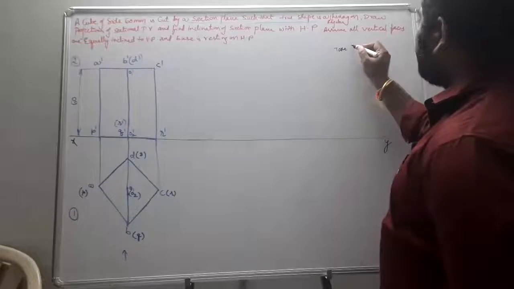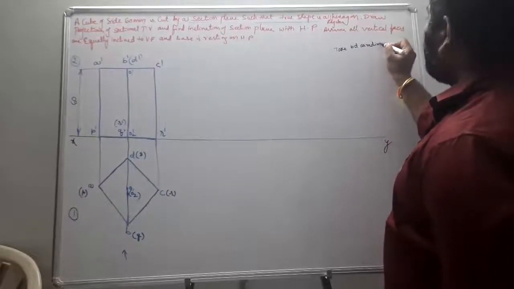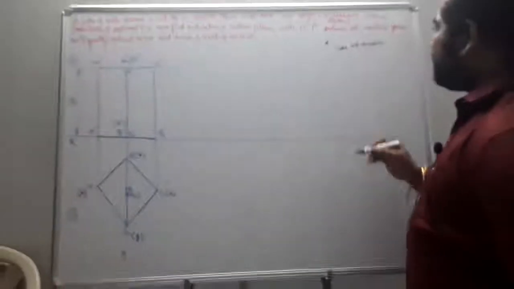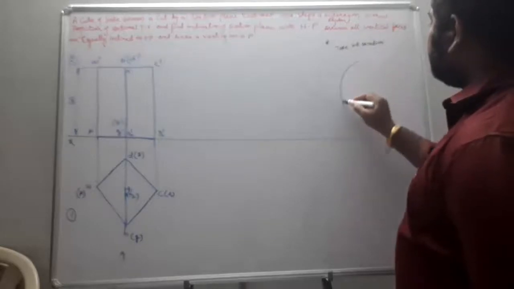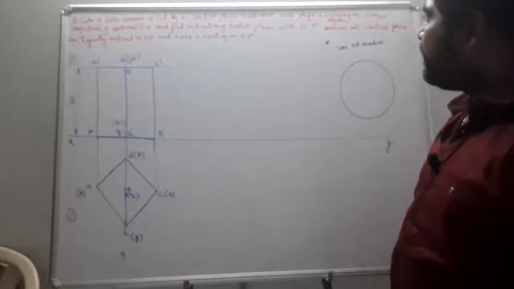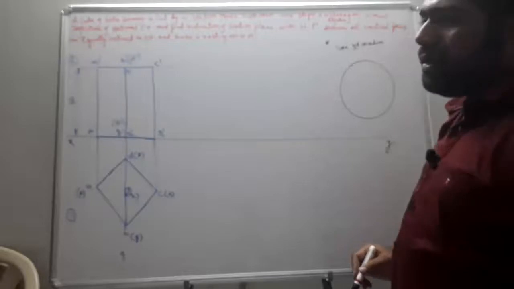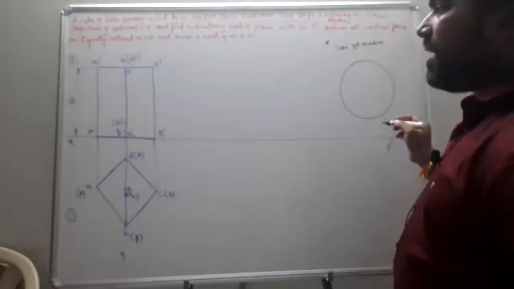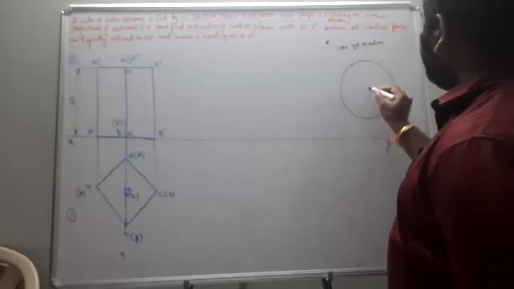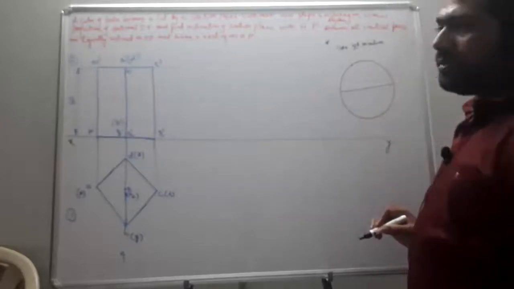Take BD as radius and describe a circle with radius BD. Now describe a hexagon inside the circle. How can you do that? First, draw a line passing through the center.